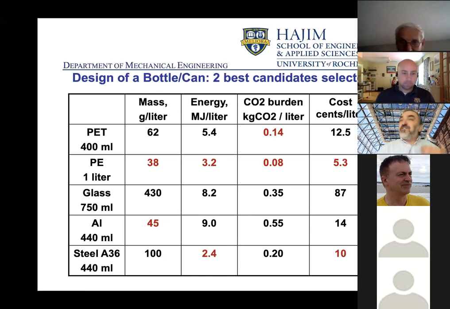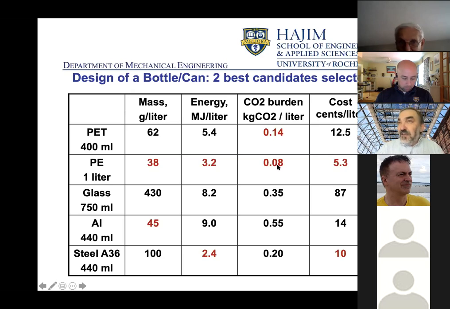Producing aluminum is very energy intensive. So aluminum is good in terms of weight, but it's bad in terms of energy content. If I want to look at how much CO2 will be produced in making this container, again, now the PET has a very low CO2 burden and PE a very low burden.